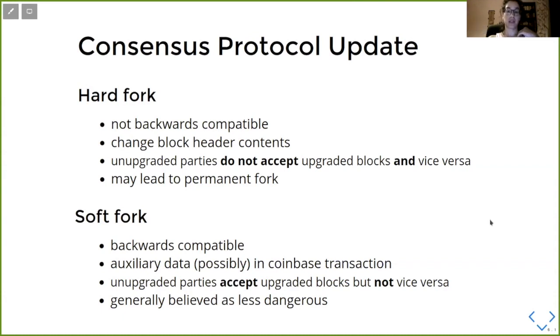But here we require that the upgraded parties do not accept the unupgraded blocks, so that the unupgraded parties have a motivation to upgrade, since they will see their blocks stay outside the chain. It is generally believed to be less dangerous, but we still need the majority of the miners to upgrade in order for it to be a successful update.